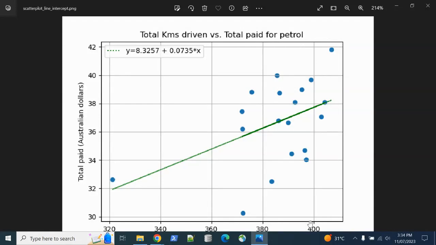So you start from 400 kilometers right here, go straight up until the point where you meet the straight line, and draw a straight line to the left, and that's how you get the corresponding dollars. Okay, so it may not be the best or the most accurate prediction, but this straight line will probably give you the most reasonable estimation.